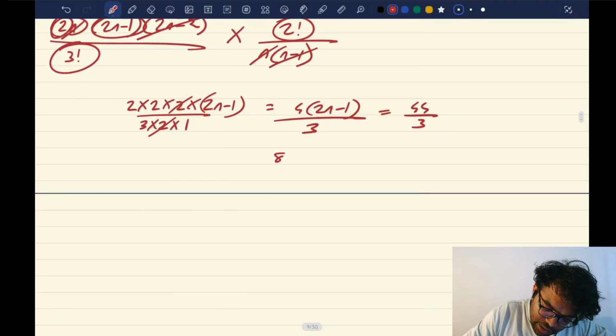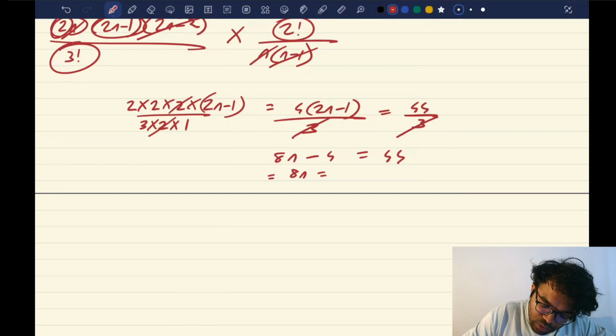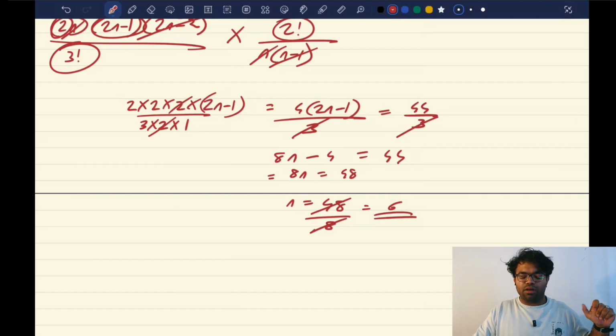So 8n minus 4 is equal to 44 if I cut these two off. So I'll get 8n is equal to 48. n is equal to 48 upon 8, which is 6. The value of n comes out to be 6. Clear?